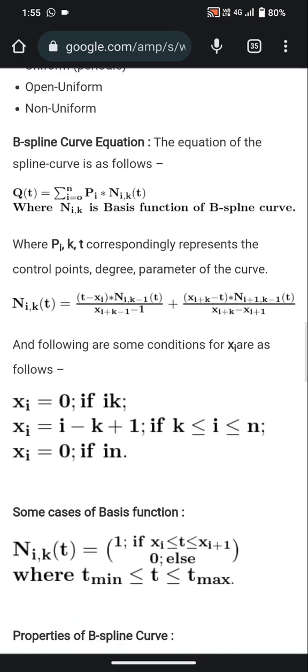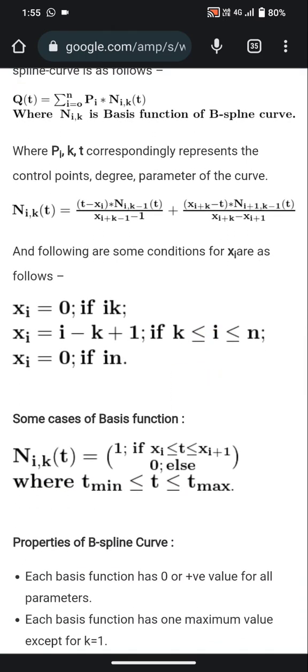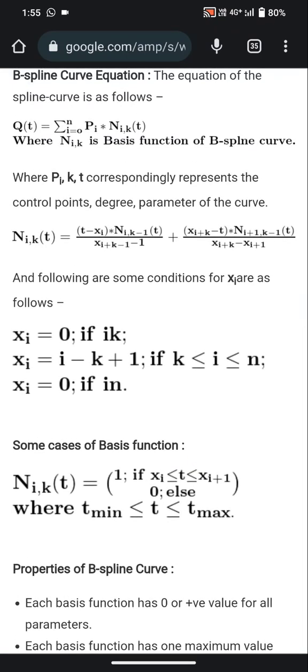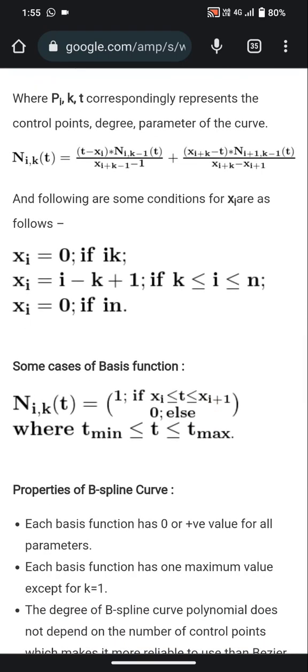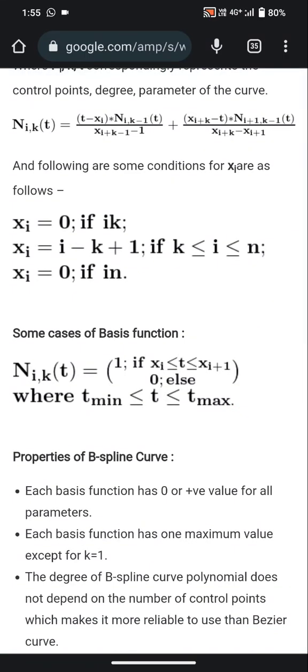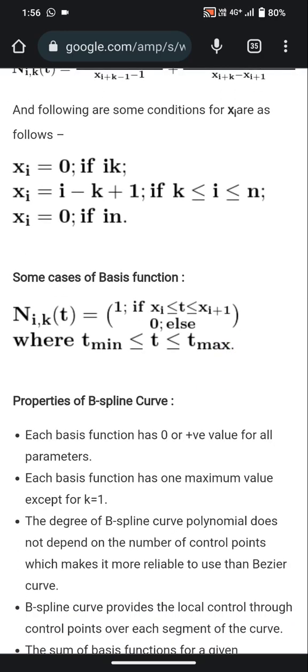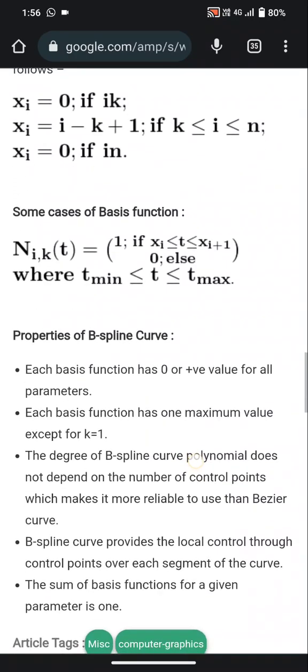And we have the equation for N_i,k(t). Following are some conditions for x_i: x_i equals 0 for i less than k, x_i equals i minus k plus 1 for k less than or equal to i and i less than or equal to n, and x_i equals 0 in other cases of the basis functions, as presented on the screen. These are some basic cases of this function.